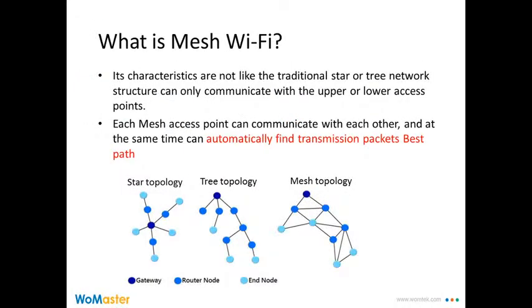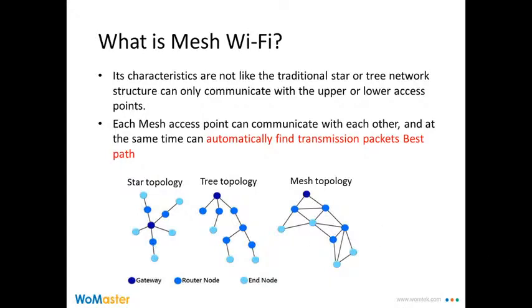First of all, we're going to explain what the mesh network is. In typical topology, like tree or star, they have the different tiers. Each node can communicate with the upper and the lower tiers only.